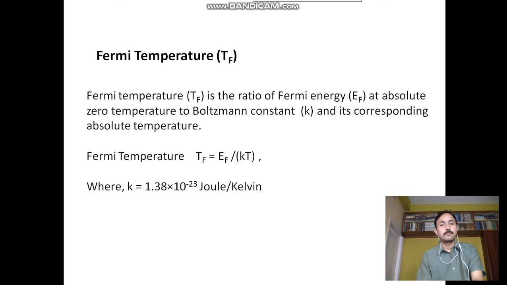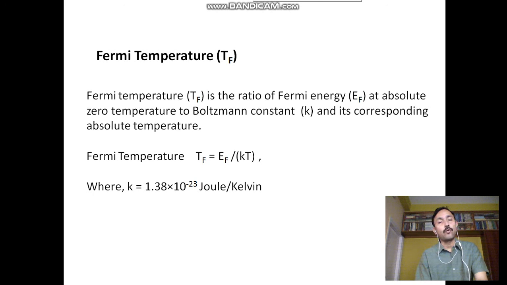Fermi temperature is represented as Tf, or in some books as theta f. Fermi temperature Tf is the ratio of Fermi energy Ef at absolute zero temperature to the Boltzmann constant.